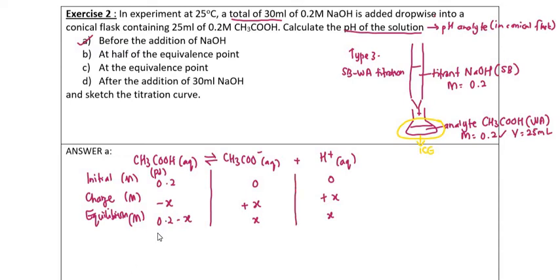After you get the equilibrium row, you have to write the Ka expression. CH3COO minus times H plus over the concentration of CH3COOH. Then you have to substitute the value. As we know, Ka was not given in the question, right? So please make a correction.